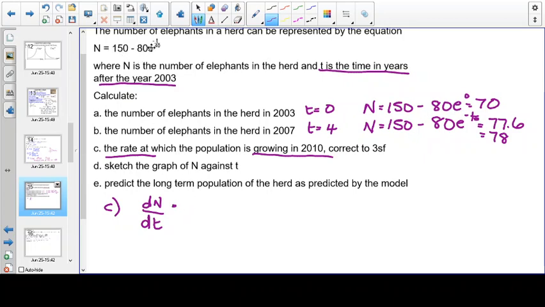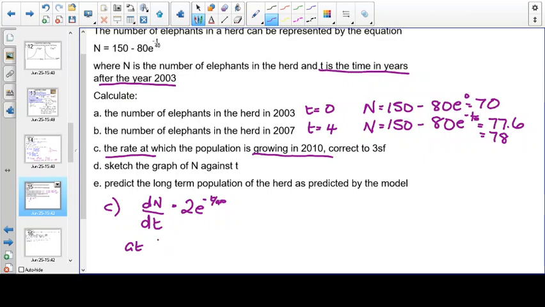The derivative of this, well, it's going to be 80 times by a 40th. So that's 2, and then it's going to be positive. So it's minus a 40th times by minus 80, which is 2e to the minus t over 40.